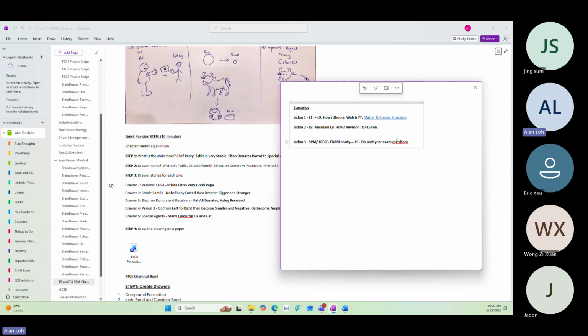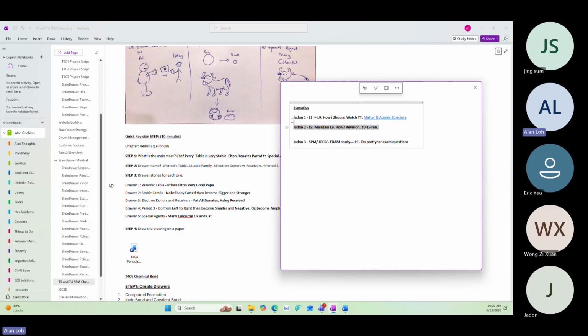And there are ways to help you be in that stage if you want to be in that stage. For Jingsam, next year you're going for the exam, SPM, so you have to be in Jingsam 3 before your SPM, right?